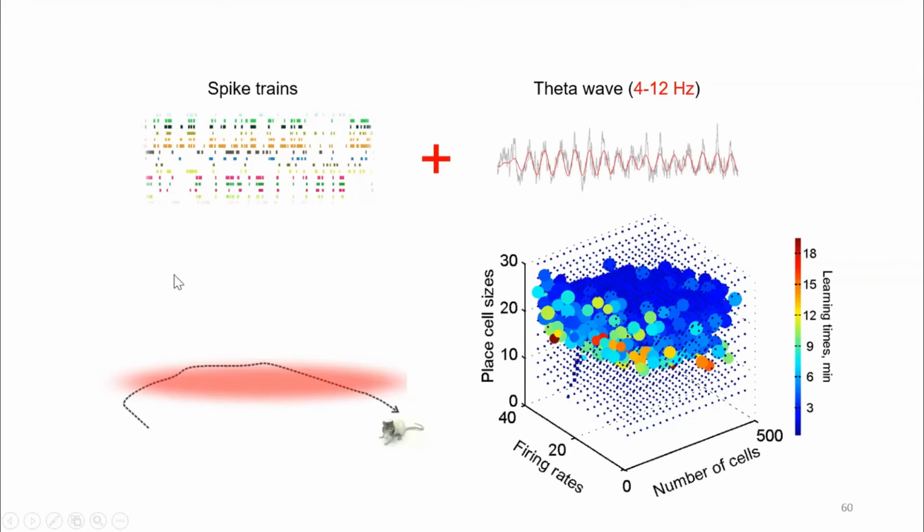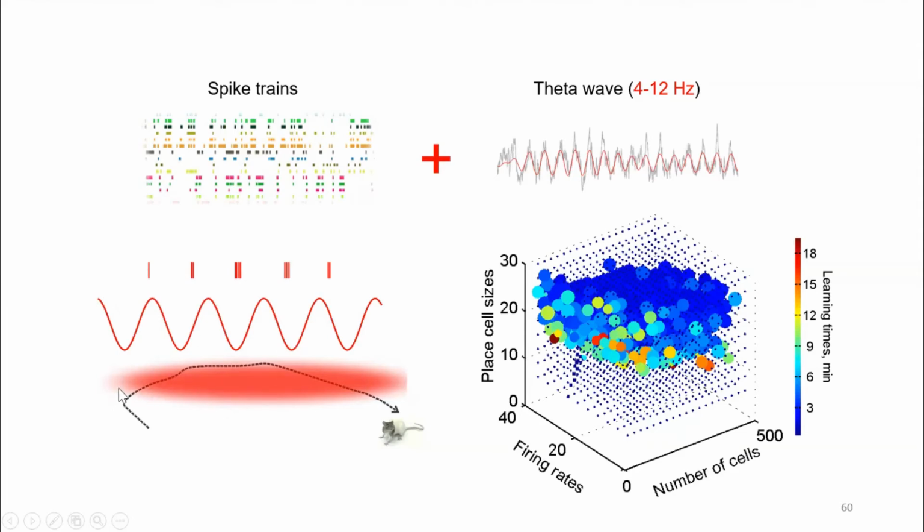And when the rat is running through a place field, for example, its spiking happens at the preferred phases of theta. See what is happening, right? The theta wave continues to have, I would say, maybe 8 or so periods of theta across a place field.